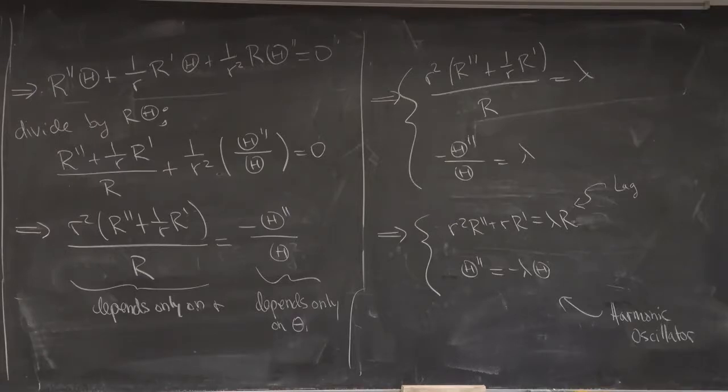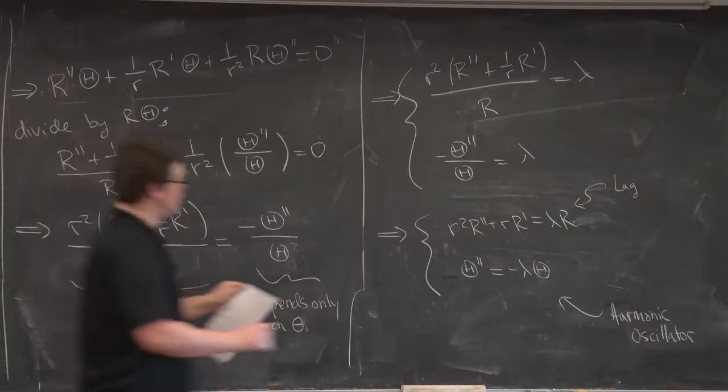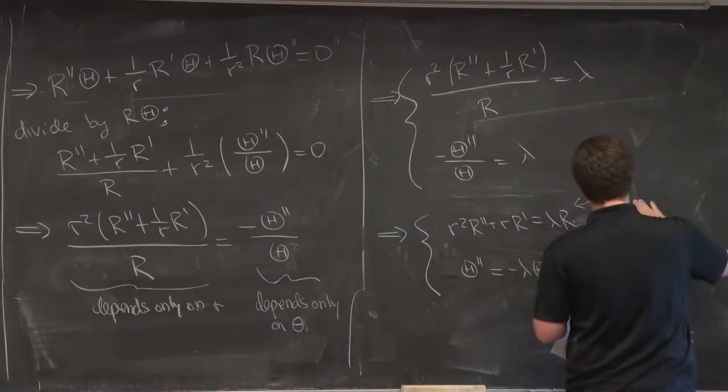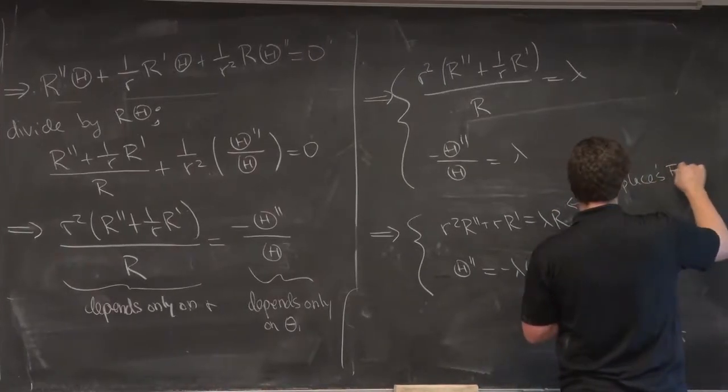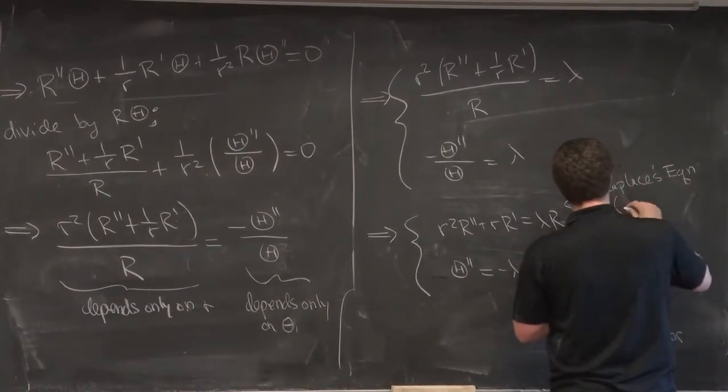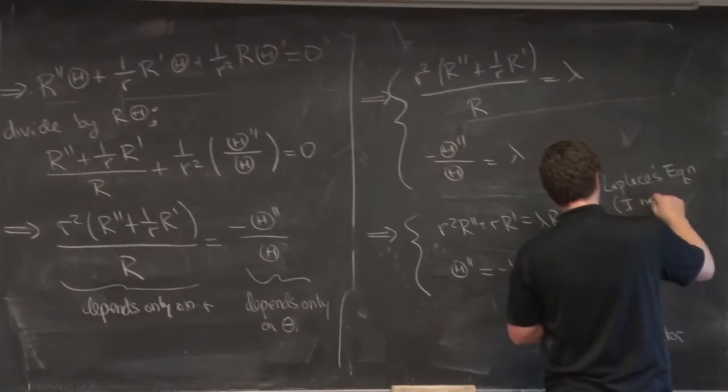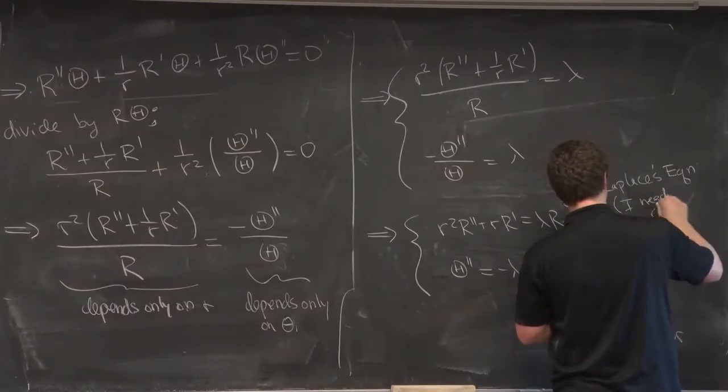Oh, Laplace's. So I guess this is Laplace's equation. I have to check. So this is Laplace's ODE. It would make sense that it comes from the Laplacian, right? So I need to check. It might be the Laguerre equation.